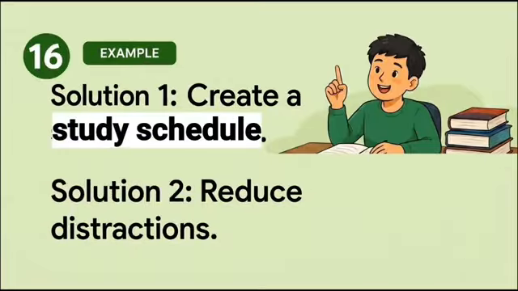For example, on the topic of poor study habits, you may say, okay, solution 1, create a study schedule. Solution 2, reduce distractions, etc. So these might be the solutions proffered to solve the problem. You can jot them down on a rough paper.